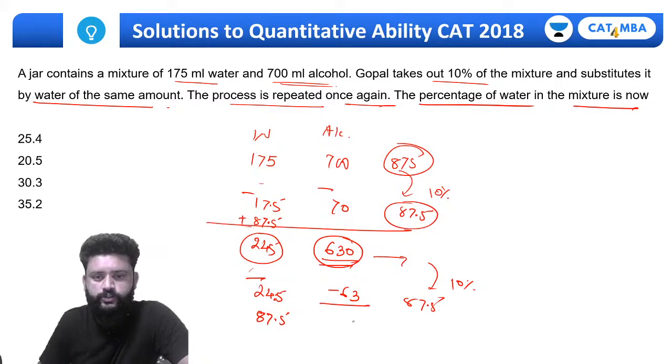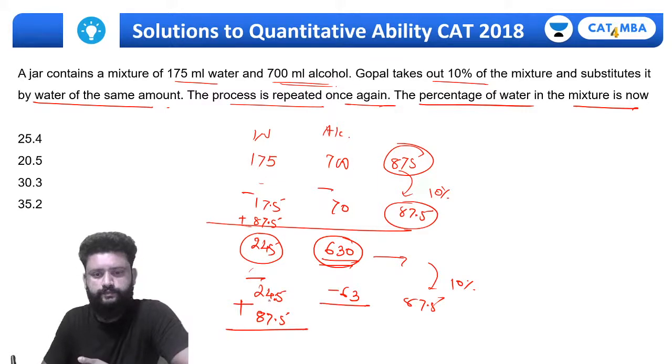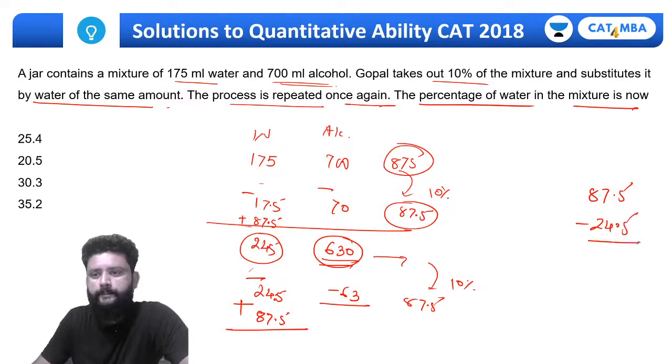Percent water. Okay, no issue. Have to calculate the water. Okay, so plus होगा 20.5. That's 87 minus 24, इतना ऐड होगा.